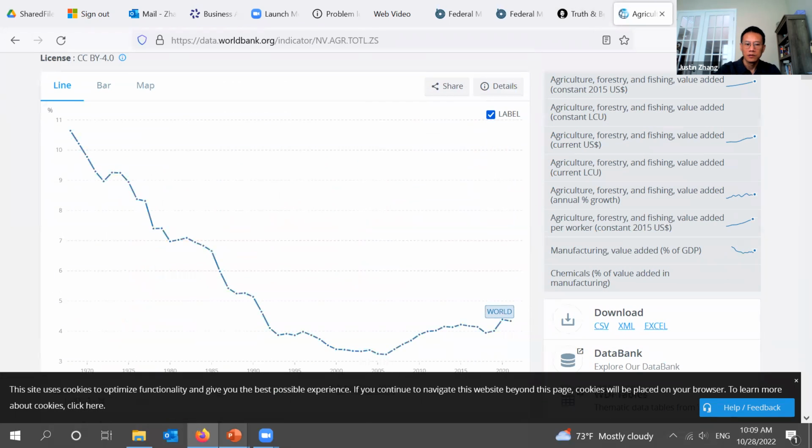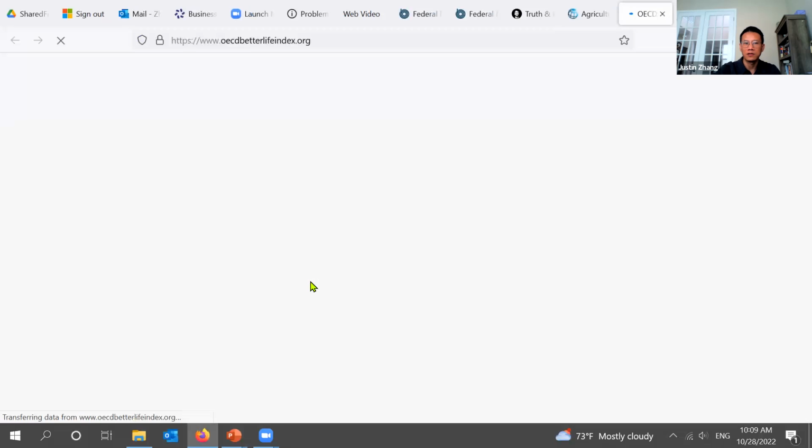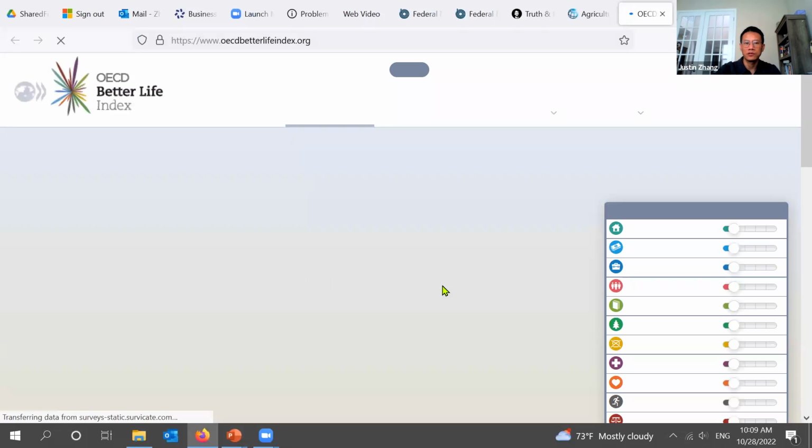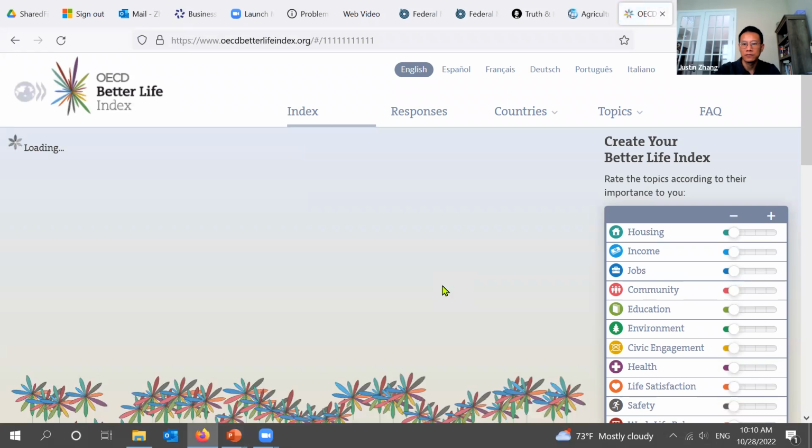And this last one is interactive and exploratory. This is the most interactive type of data visualization, with most of the tools and features that allow the audience to find out the stories based on their own preferences.